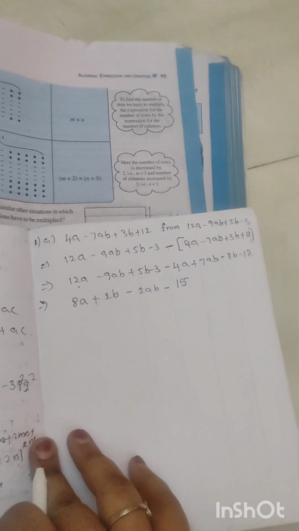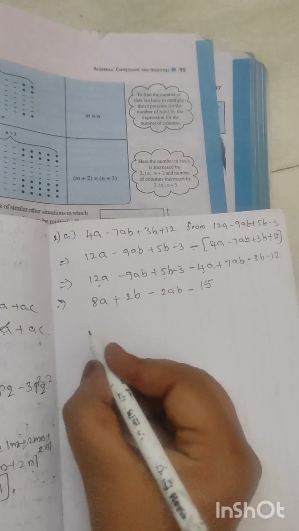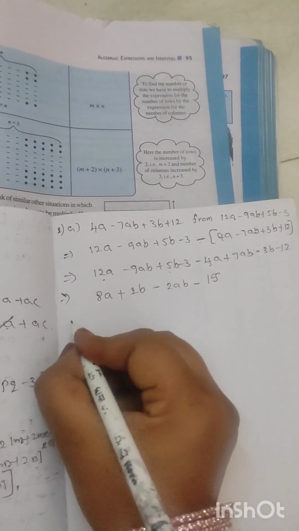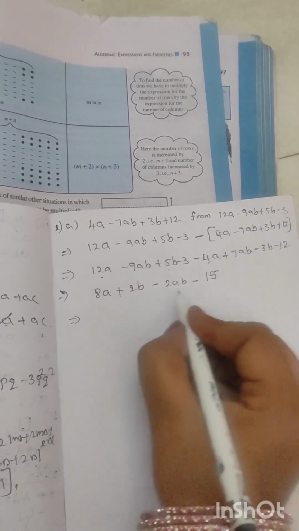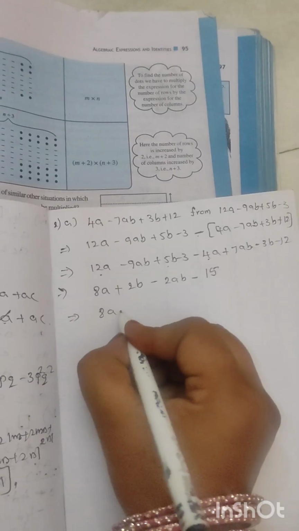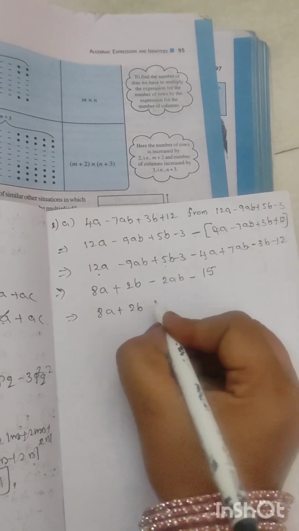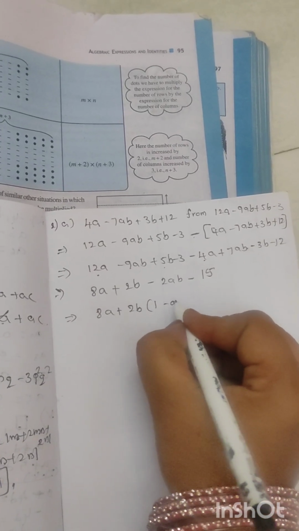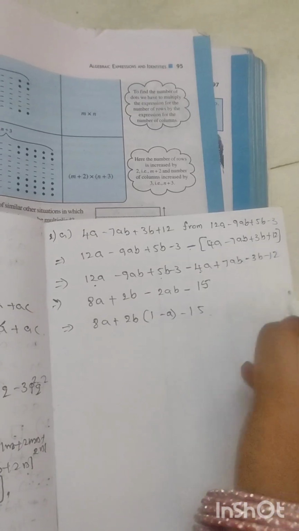This is the answer. Or you can take common from these terms also: 8a plus 2b into 1 minus a, minus 15, like that also you can write.